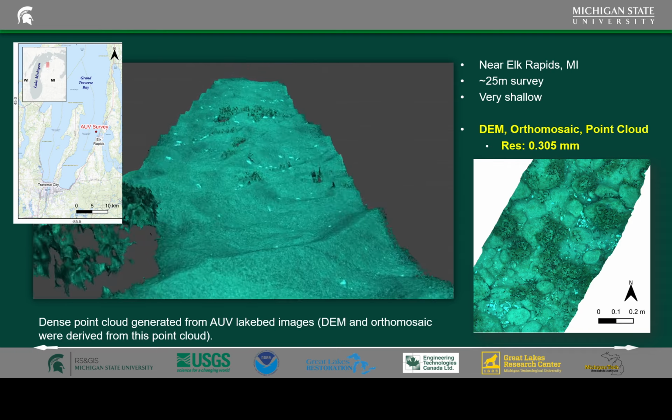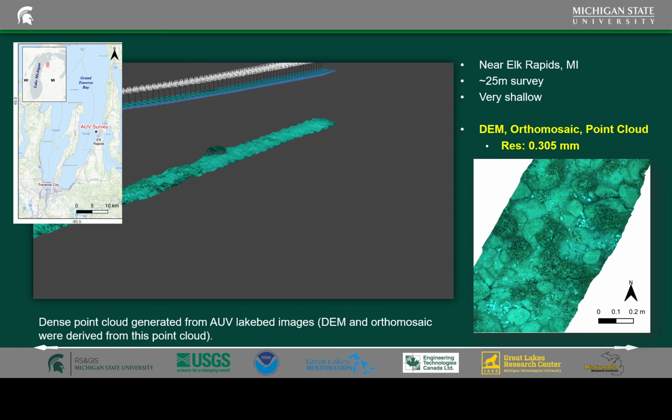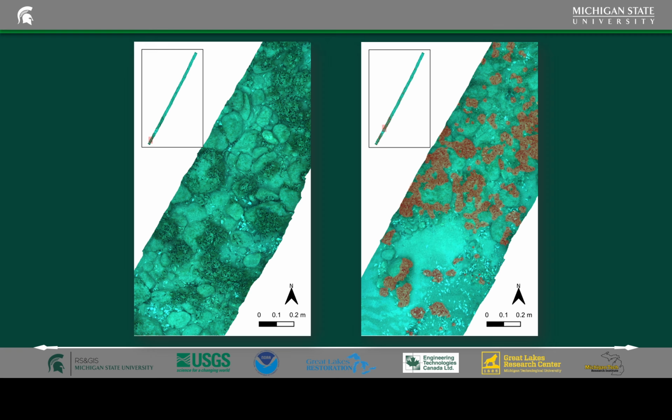So the nice thing is we have these very detailed data at a resolution of a fraction of a millimeter. And so then the question becomes, it's great, we can get this pretty picture, but what can we do with it? I'm not going to steal too much of Angus's thunder, but I just want to introduce this concept of automating the detection and delineation of different features like invasive mussels, which is what we see on the right here where they've been identified in red.